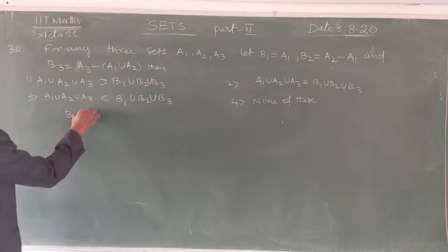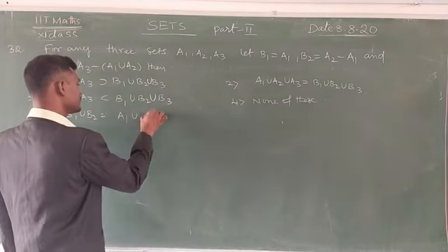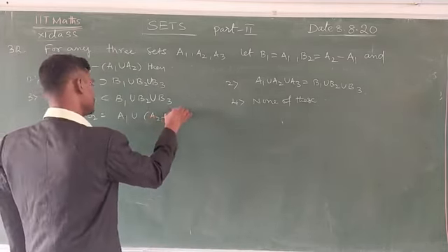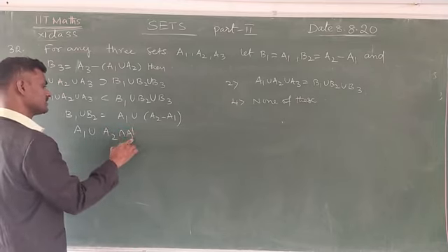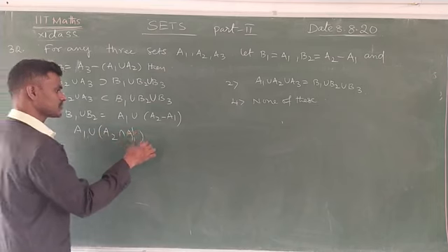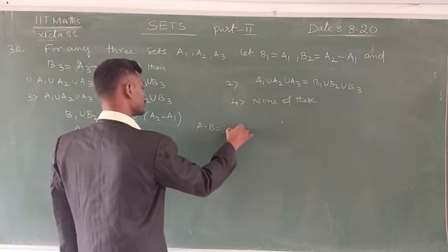B1 union B2, first you have to find here. What is B1? B1 is equal to A1, union B2, which is A2 minus A1. See here A1 union, this minus means here A2 intersection A1 dash. We know that this is a property. Here A minus B is written as A intersection B dash.